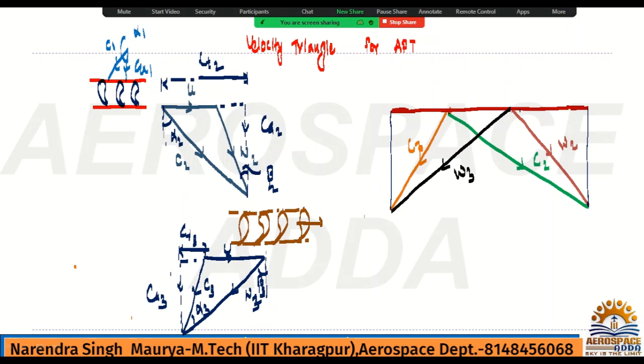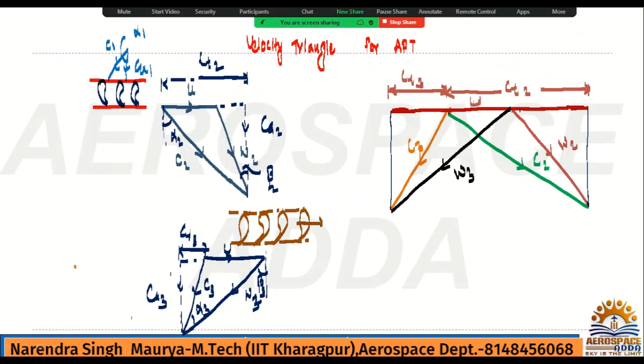Okay. And obviously this one is CT3, CT2. All right. Here. Fine.